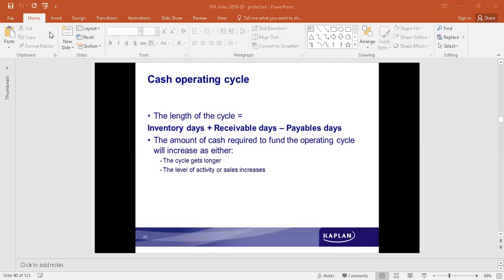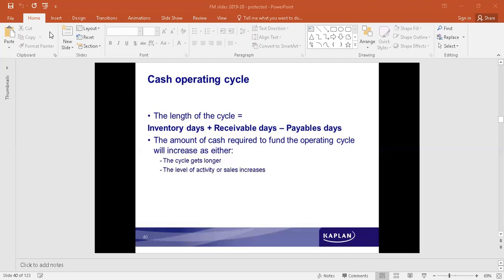Inventory days is the number of days inventory is held in the business. It is there in the inventory form, whether it is raw form, semi-finished form, or finished form. It is not sold. How many days inventory or stock is held by the business is inventory days.